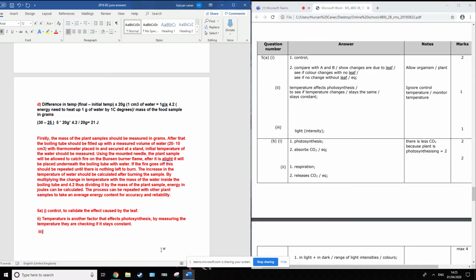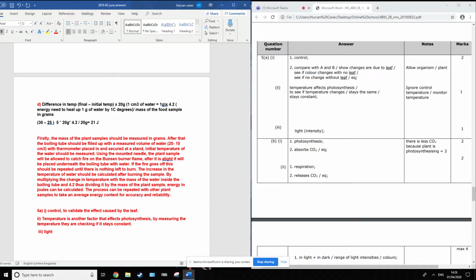Independent variable is the variable that you control.